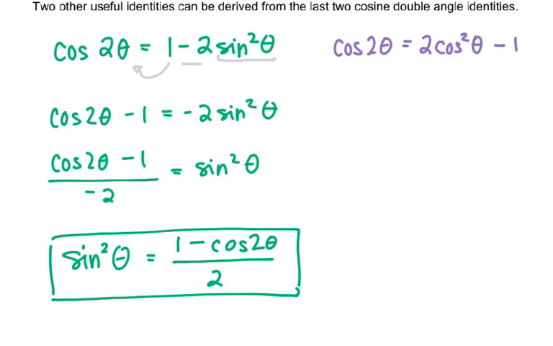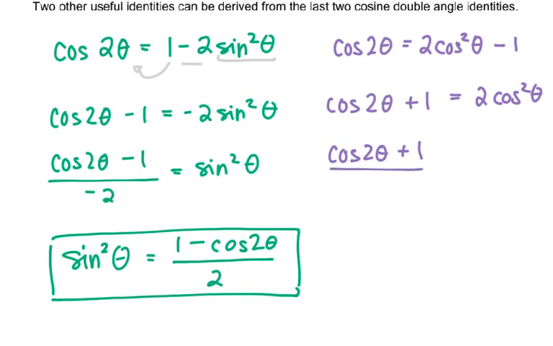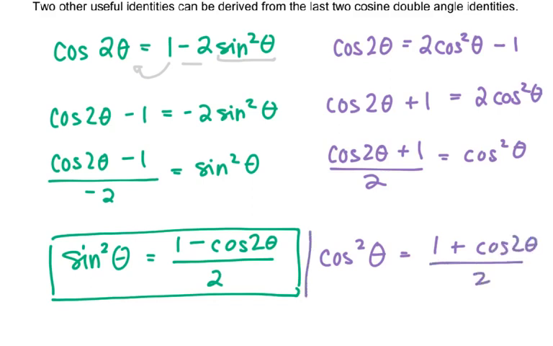So again, following a similar argument, I'm going to get cosine 2 theta plus 1 is 2 cosine squared theta, dividing by 2 on both sides. Cosine 2 theta plus 1 over 2 is cosine squared theta. And so just rewriting that so that it looks like my other one, I've got cosine squared theta is 1 plus cosine 2 theta over 2.